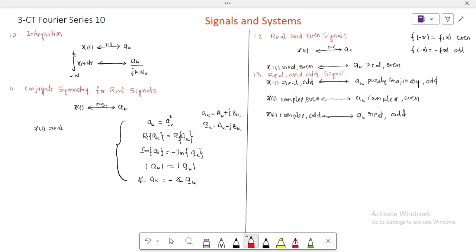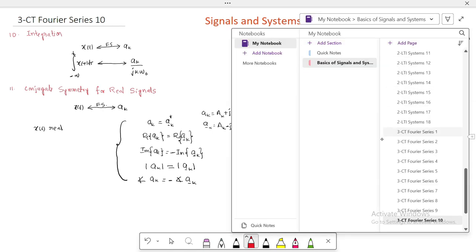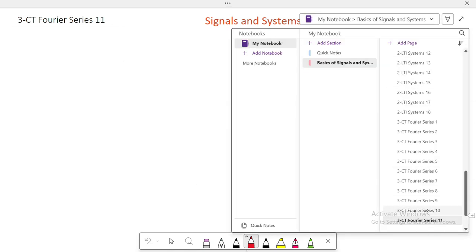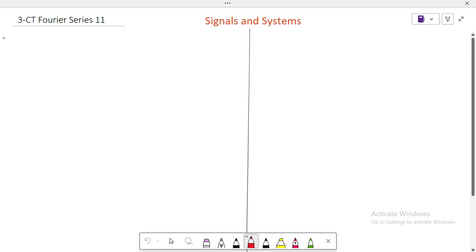The 14th, even and odd decomposition of a real signal. This is nothing but the even part of the signal and the odd part of the signal.